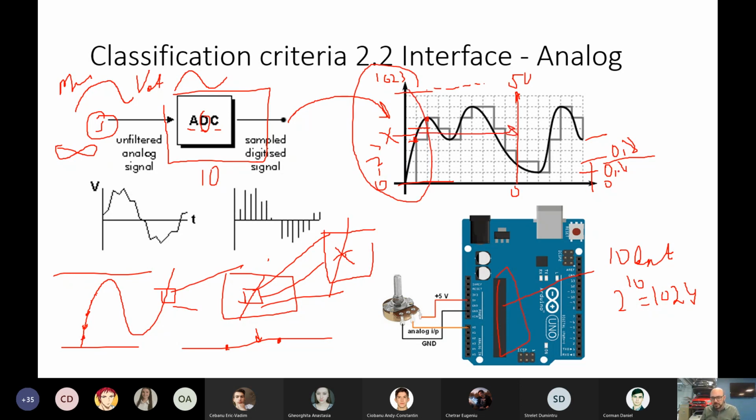And now converting it, we can somehow map the converted value to the voltage, and we will have some discrete values. Yeah, discrete means apart. We never will have value 0.2, unless we double the resolution.